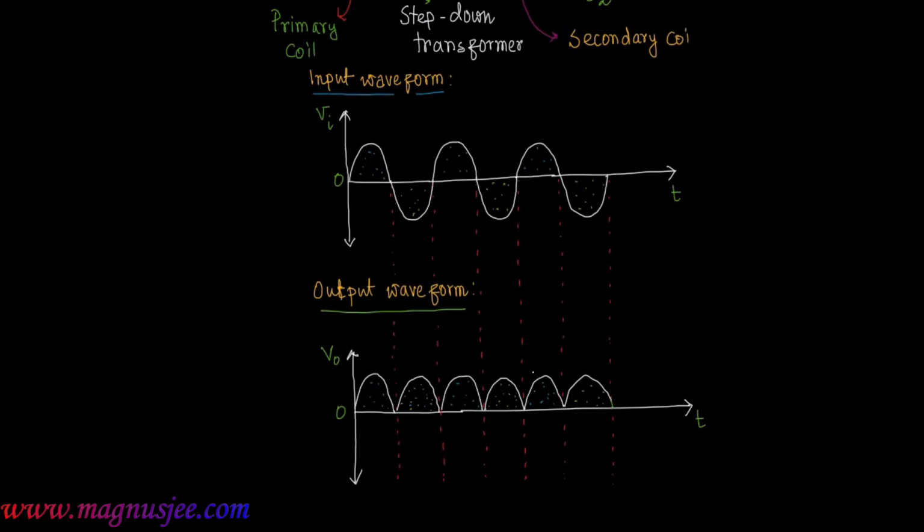In this case, obviously this negative half cycle is converted into a positive half cycle. Here this negative half cycle is converted into a positive half cycle.